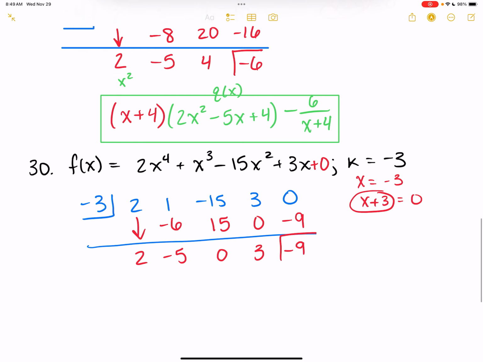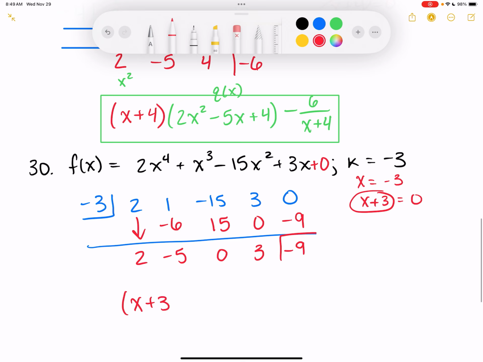So I'll have x plus 3 times, so this was an x to the 4th term, now x cubed. So I've got 2x cubed minus 5x squared. The next term is a 0, so I'm going to skip it. Then plus 3. And then the remainder part, so minus 9 over x plus 3.